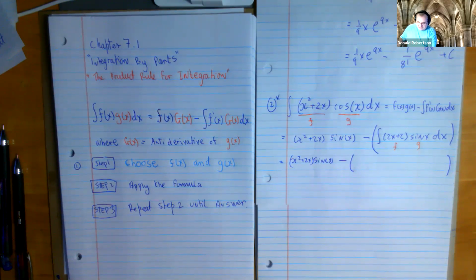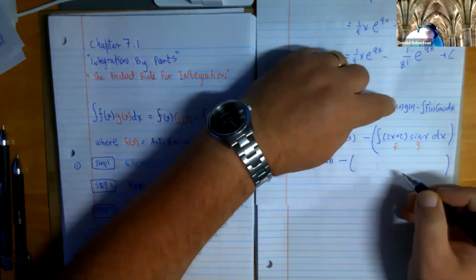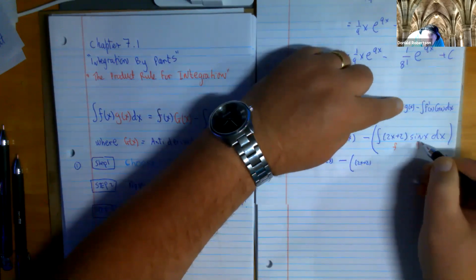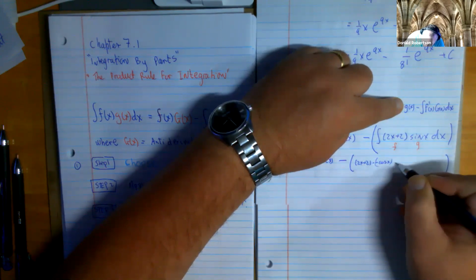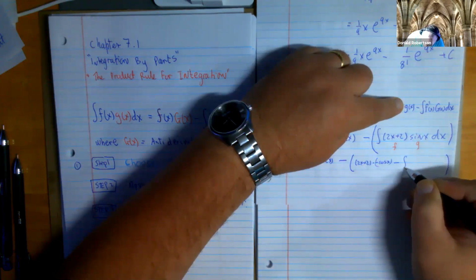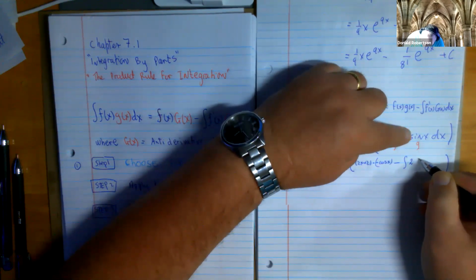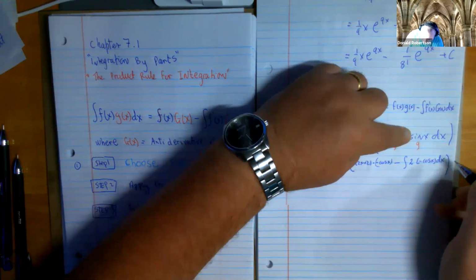So if you're always picking the trig function to be g, keep picking the trig function to be g until you get to the end. Now in this case, it's going to be f of x, which is that guy. The antiderivative of this is negative cosine. Take away the integral. The derivative of this is 2. This fella is negative cosine dx.